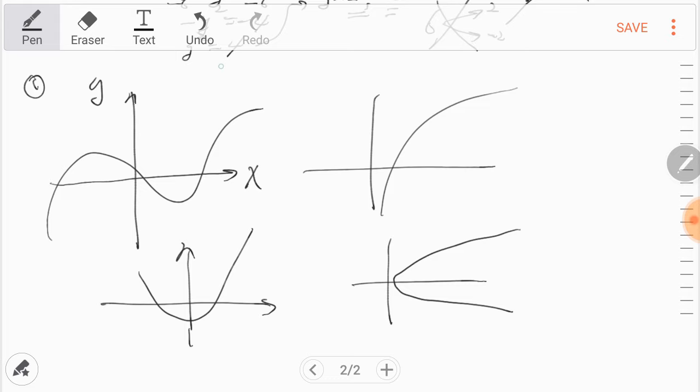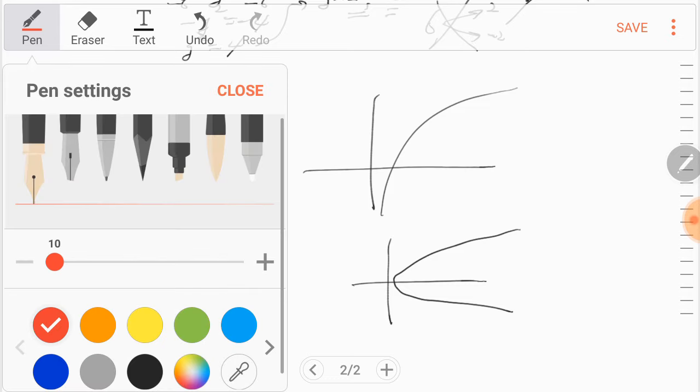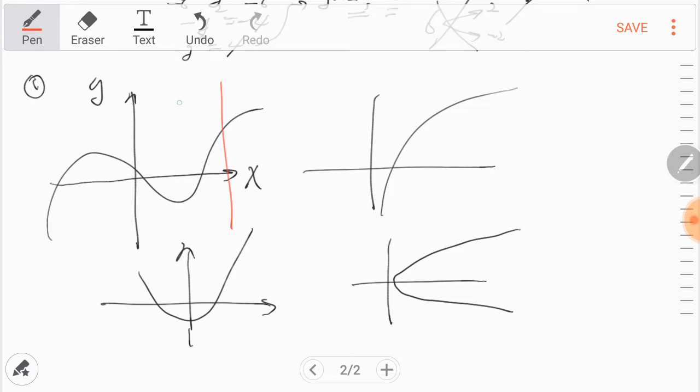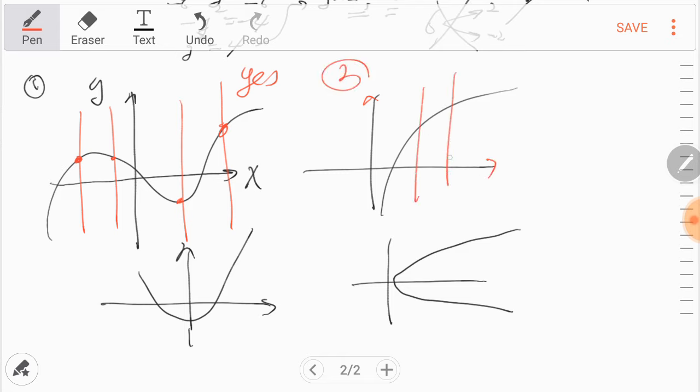Draw a vertical line, and if the vertical line intersects with only one point, then this is a function. How about this? Draw a vertical line, then this vertical line has only one point. So this is a function.